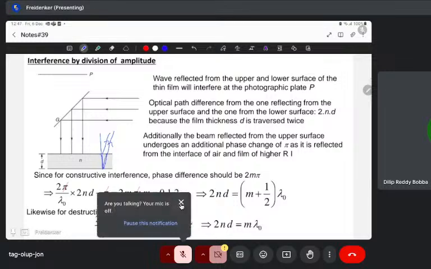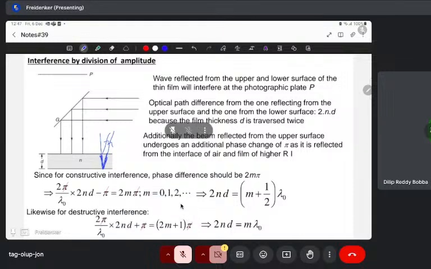The second ray is traveling a distance of 2D, but it is traveling the distance in an optical medium. So there is something called optical distance. You have to multiply the distance with the refractive index of the medium. So this will be the optical distance traveled by light. So path difference is this much. Phase difference will be this one into 2 pi by lambda. We got the phase difference.